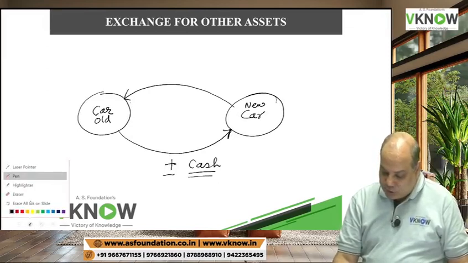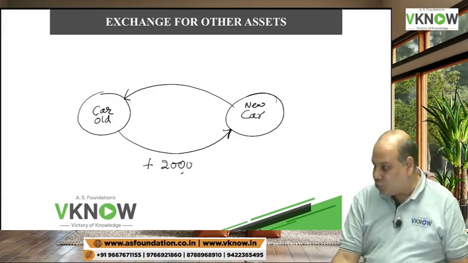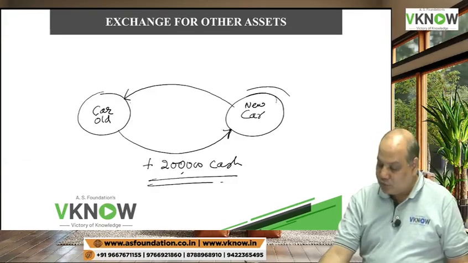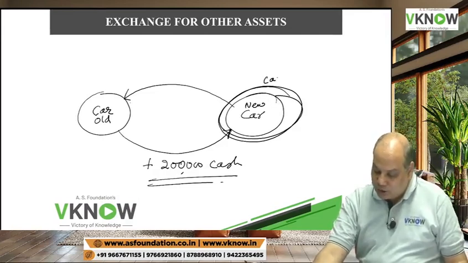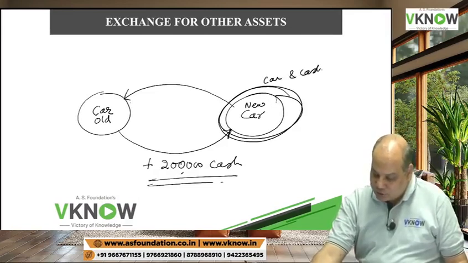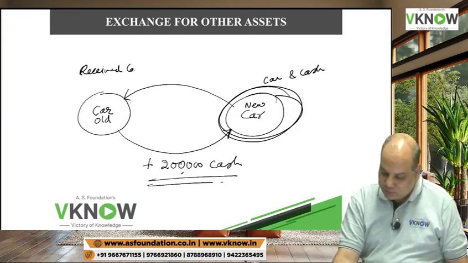Of course the other party will not agree, so in addition to giving your old car, you have to give 2 lakh rupees cash also. From this party's angle, this party received car and cash. This party received car and paid cash.